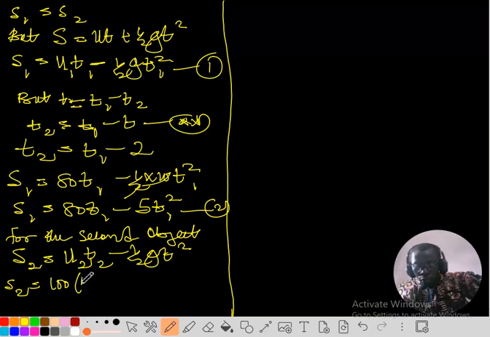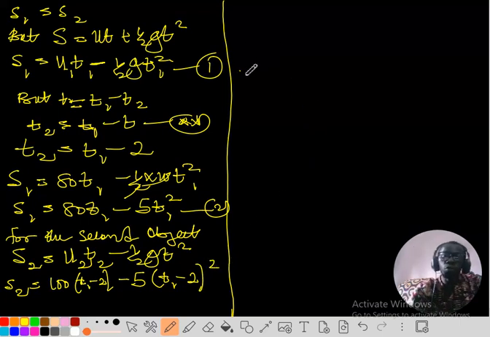So we'll put that t1 minus 2, then minus half g t squared. If you put 10 here and divide it by 2, that will give you 5, so that will save time. Then t2 is also t1 minus 2, but this has a square now.